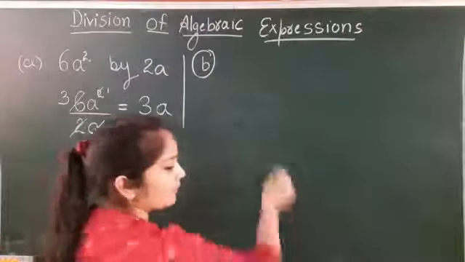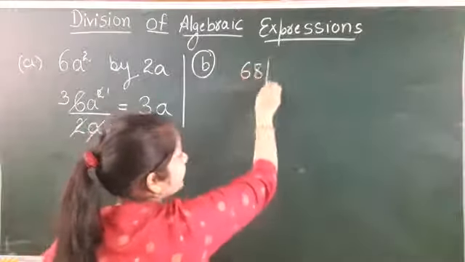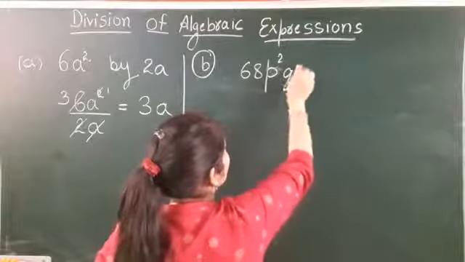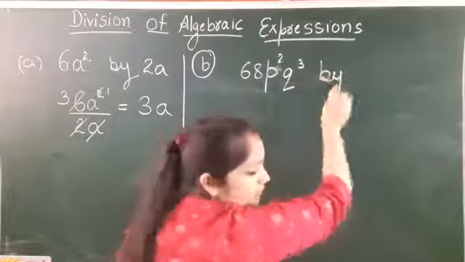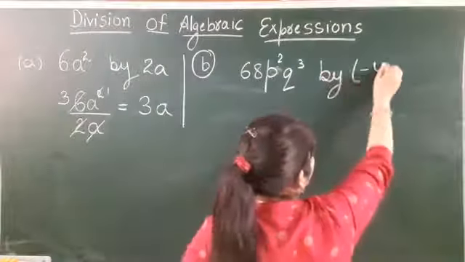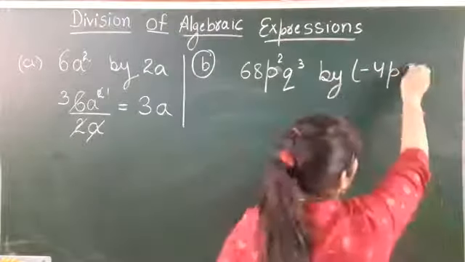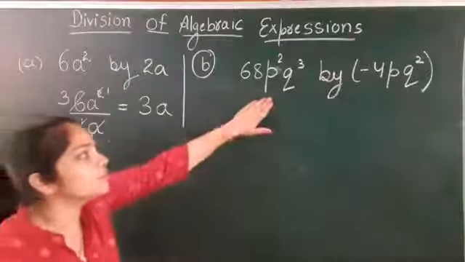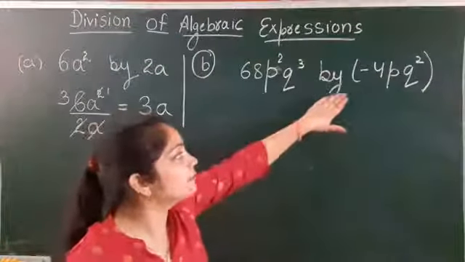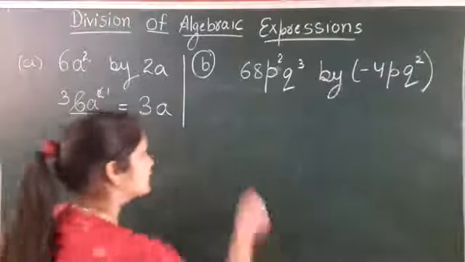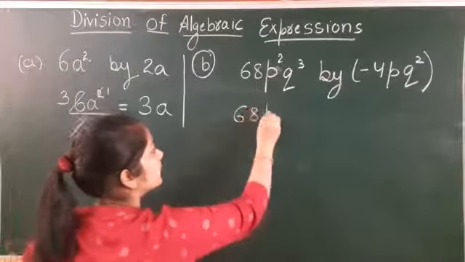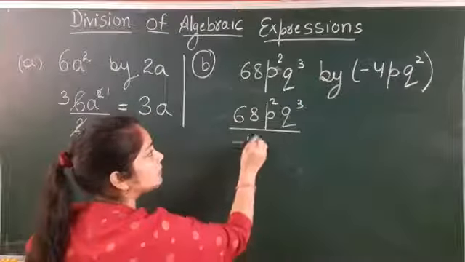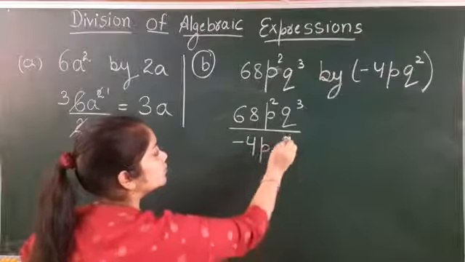In this example I will divide 68 p square q cube by minus 4 pq square. Right? So this is a monomial which I will be dividing by this monomial. So let us write 68 p square q cube over minus 4 pq square.